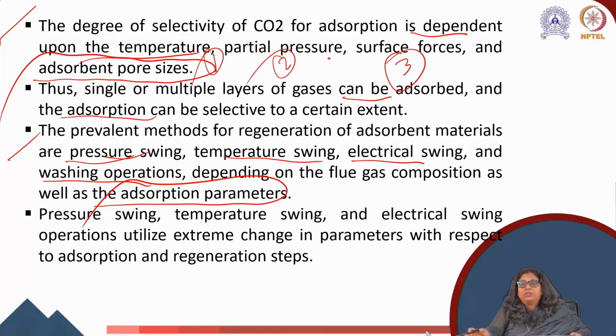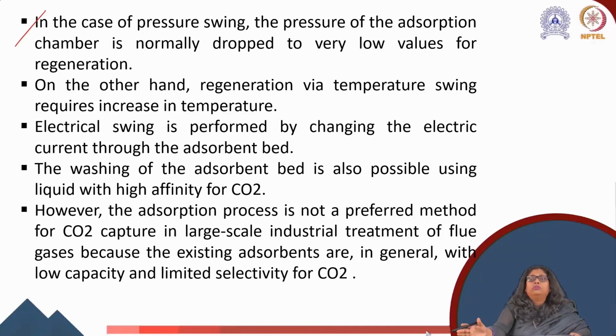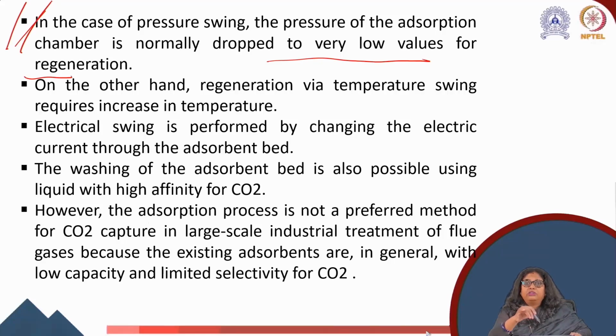Pressure swing, temperature swing and electrical swing operations utilize extreme changes in parameters between the adsorption and regeneration states. In the case of pressure swing, the pressure of the adsorption chamber is normally dropped to very low values for regeneration to occur.